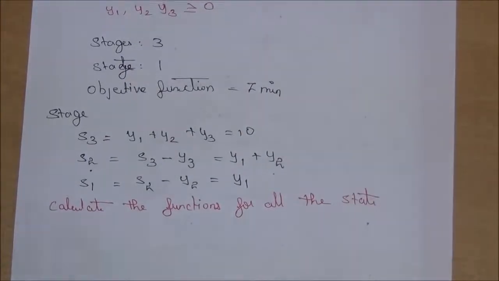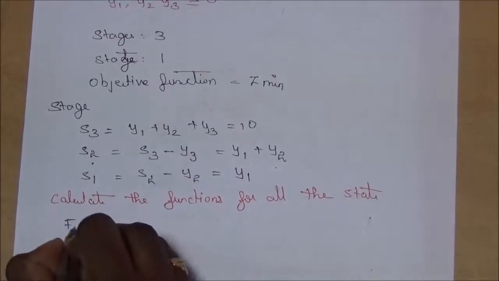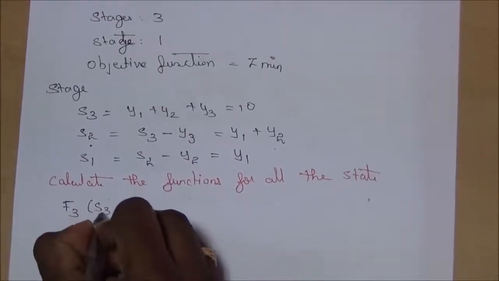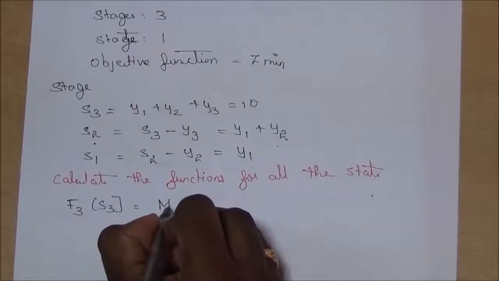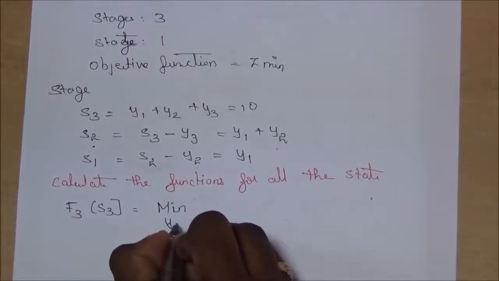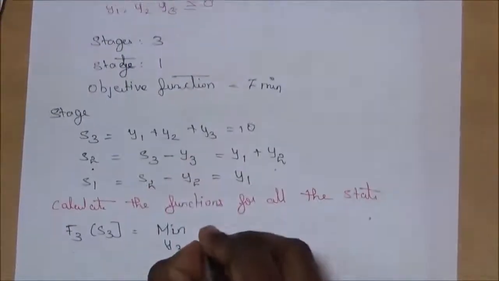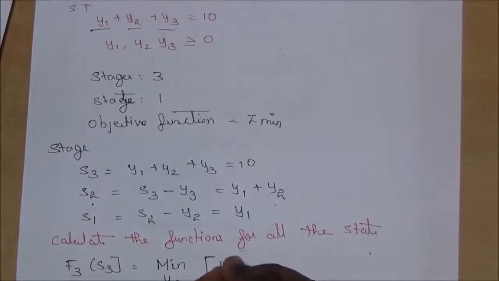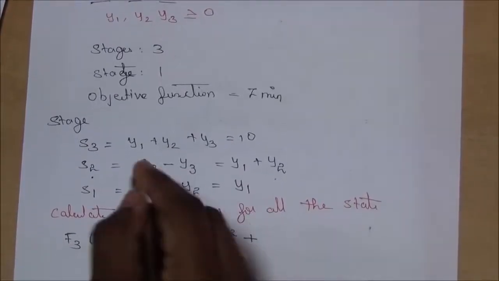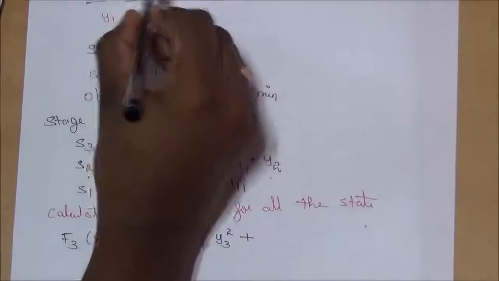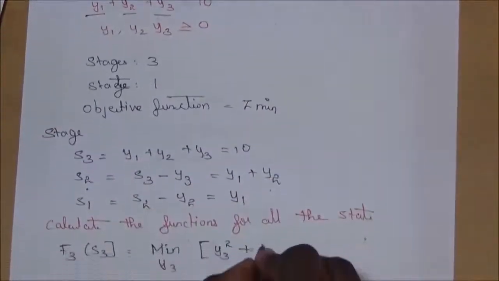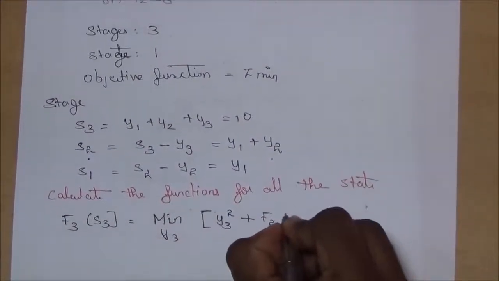First, let us start from stage 3. So F3 is the function name for S3. Since it is a minimization problem, we have to obtain the minimum over y3 of the objective function. So y3 the whole square plus y2 plus y1, which we can put in another function, f2 of s2.